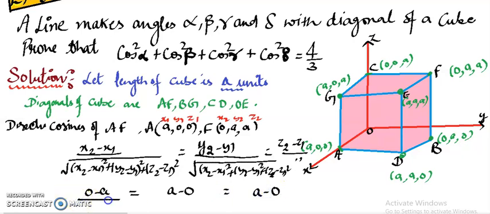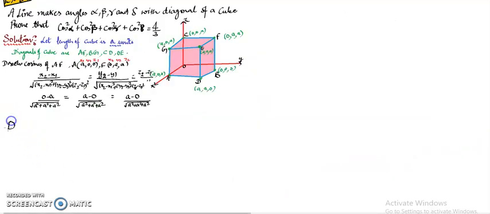In the denominator you will get the square root of a square plus a square plus a square. So students, a cancels, and the direction cosines of AF are minus 1 by root 3, 1 by root 3 and 1 by root 3.